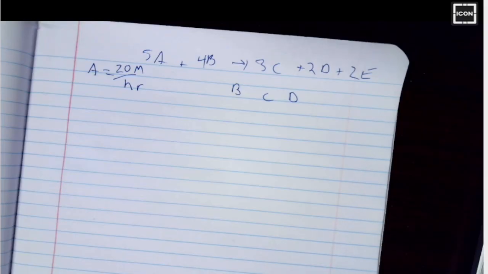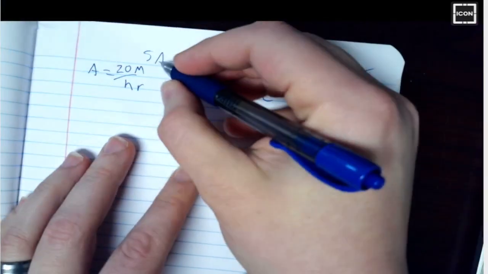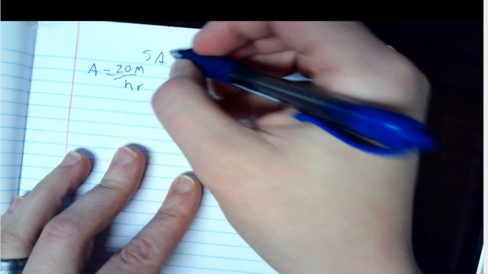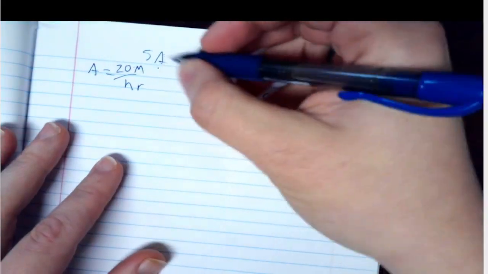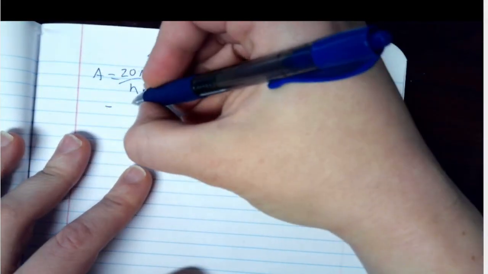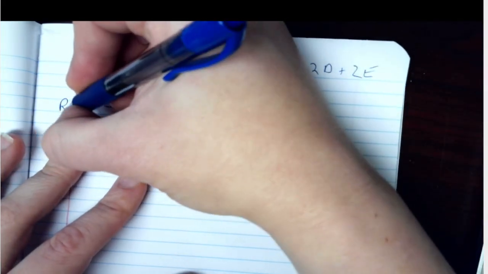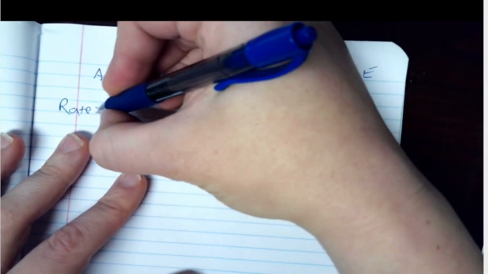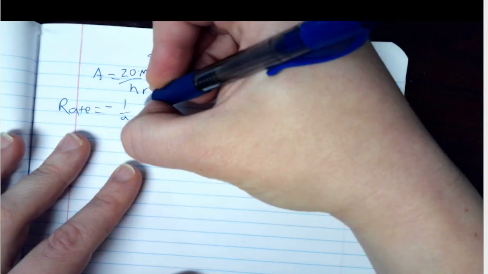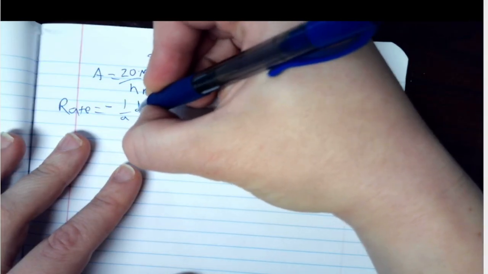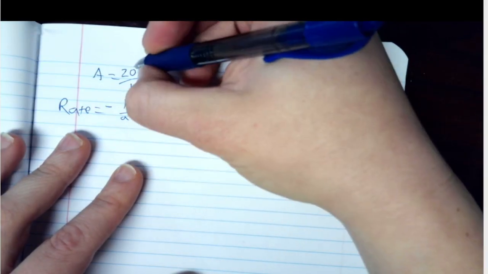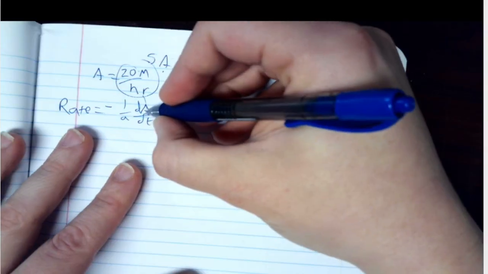As you can see, I don't even bother to write the molecule. The rate of A is 20 molar per hour. So the generic rate is equal to negative 1 over little a of dA/dt.